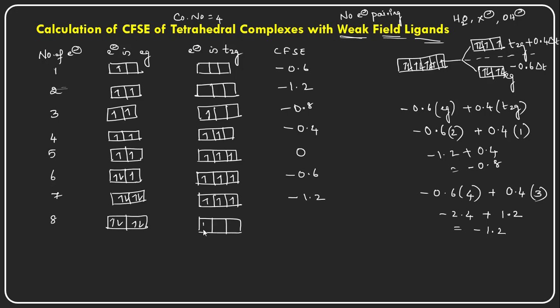Why? Because one more electron is being added with the eighth electron here. So now it will become 4, right? So this value will not change now. So better I will rub this, then it will be clear for us.